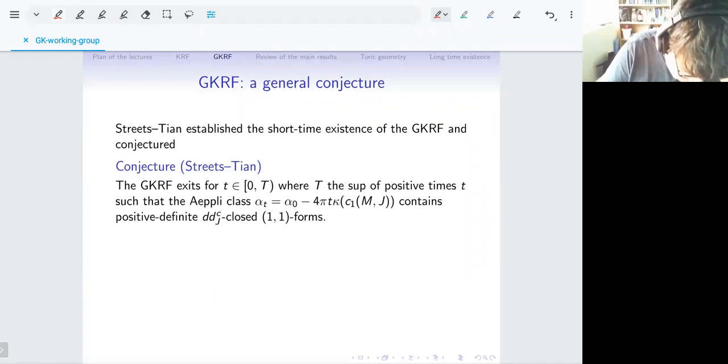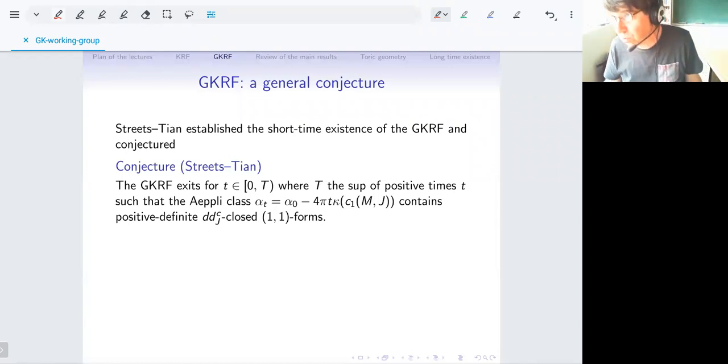That's the conjecture of Streets and Tian, that the solution will exist as long as this Aeppli class satisfies the following. The Aeppli class α_t given by α_0 minus 4πt κ c_1 will still contain a positive definite (1,1)-form.